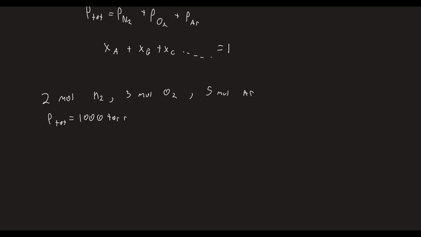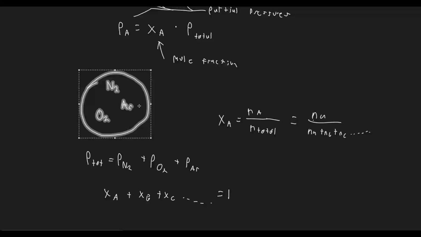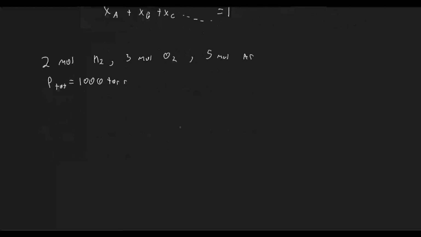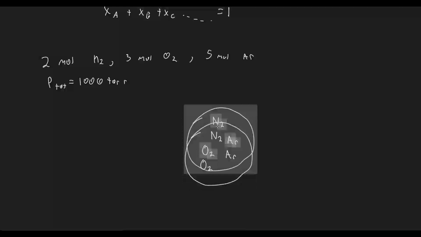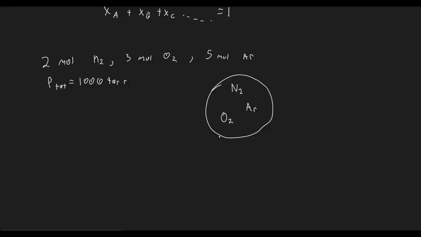So pretty much I have this chamber right here that I made, and it is at 1,000 torr. I want to know the partial pressures.